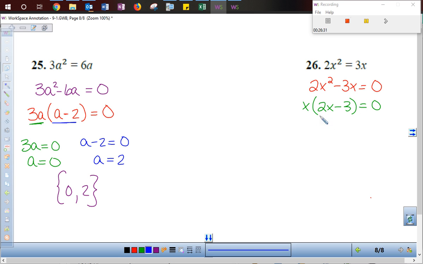Now I take each term and set it equal to 0. x equals 0, and 2x minus 3 equals 0. Now my x equals 0 I don't need to solve, but on my 2x minus 3 I need to add 3 to each side and divide each side by 2. So I'm left with 3 over 2. So my answers are 0 and 3 over 2.